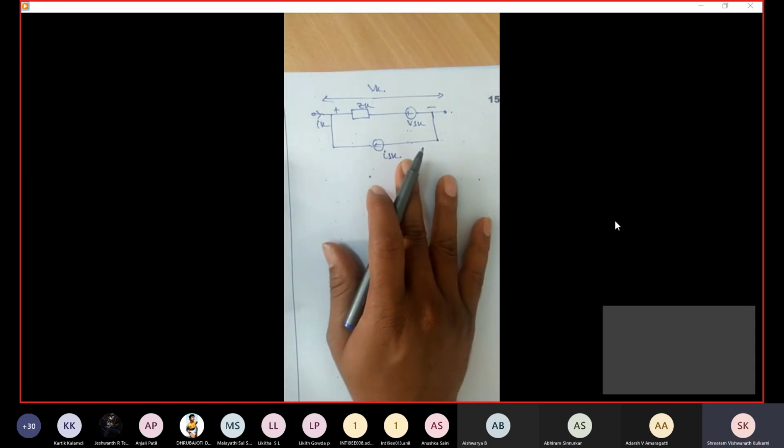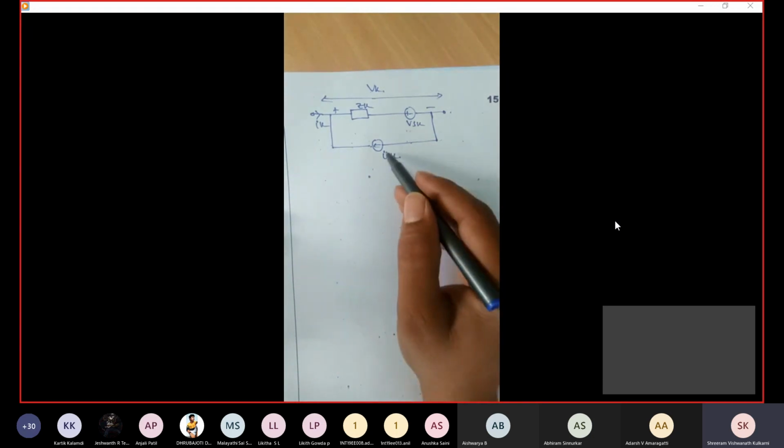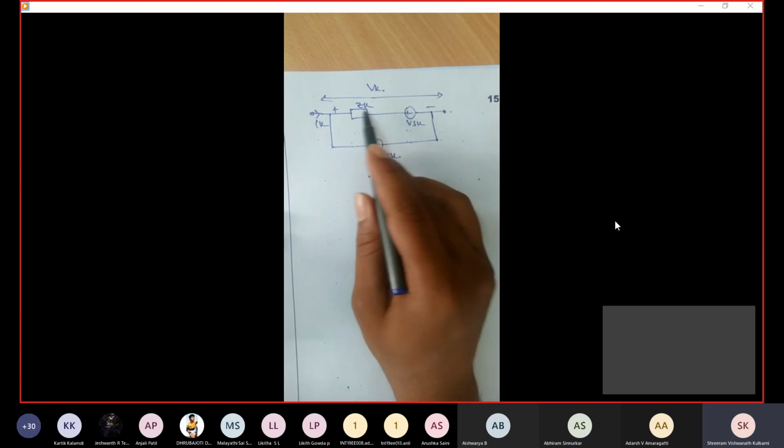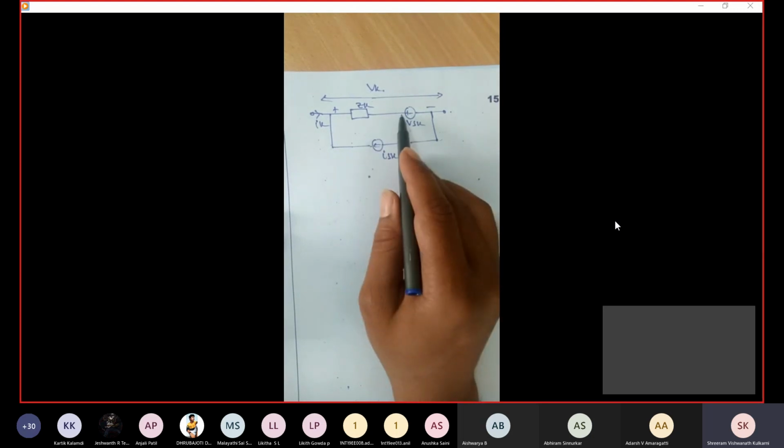For this circuit we have to write a network equilibrium equation where the current source is in parallel with the voltage source, which is in series with Zk.